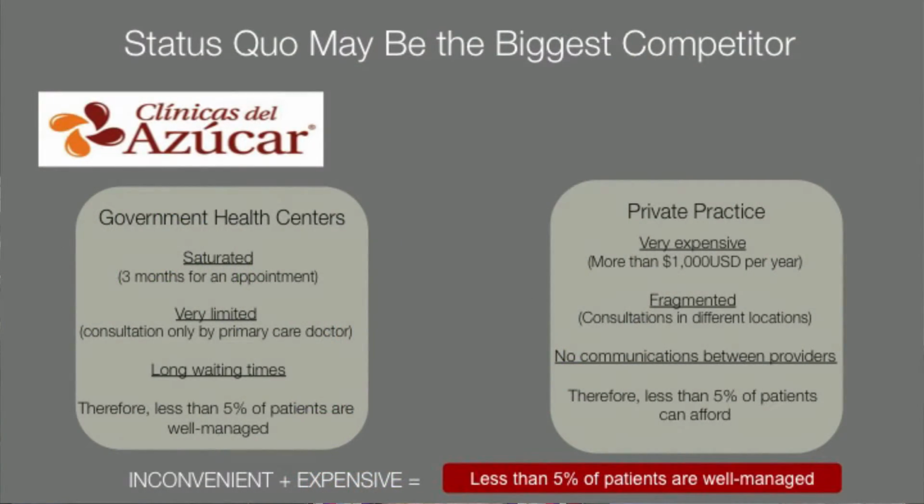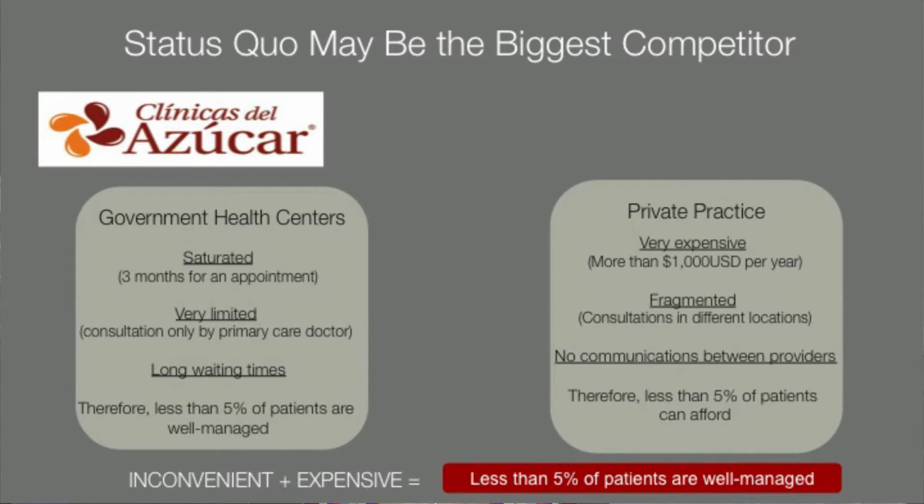One of the organizations that we've worked with at GSBI is Clínicas del Azúcar, and they're providing low-cost diabetes care in Mexico. And here you can see that they've done a competitive landscape analysis, and the choices Mexican citizens have for diabetes care are the government health centers and private practice centers, clinics.